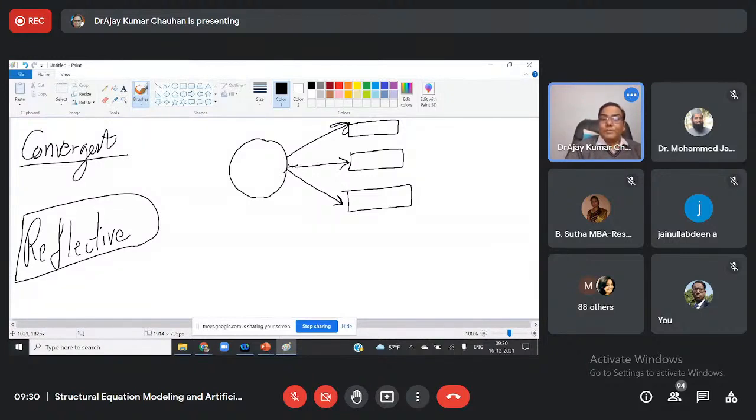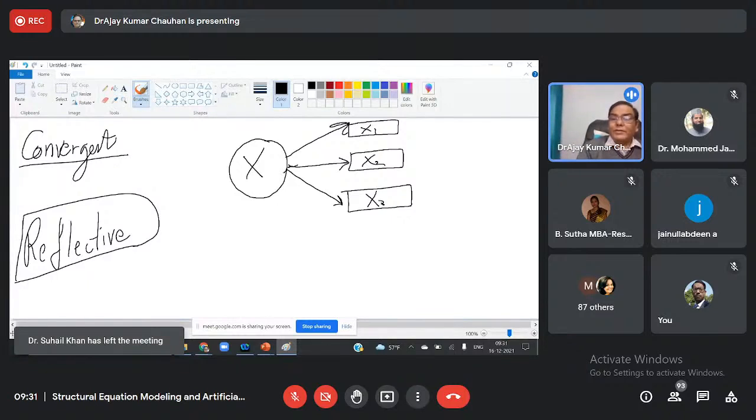Now suppose this is a construct X and it is measured by three statements X1, X2 and X3. The relationship between X1 and X, X2 and X, X3 and X is measured by lambda 1, lambda 2 and lambda 3.